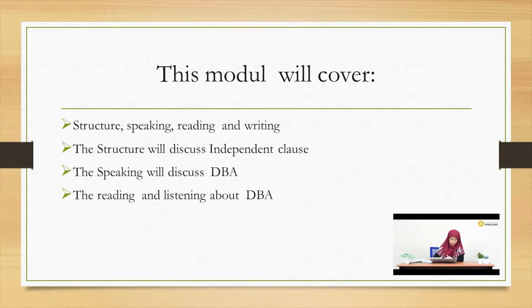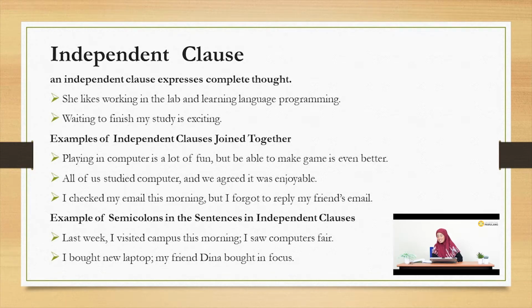Okay. And in structure, let's take a brief look at the independent clause. We name it an independent clause if it expresses a complete thought. So the sentence is already complete and it is already understandable.